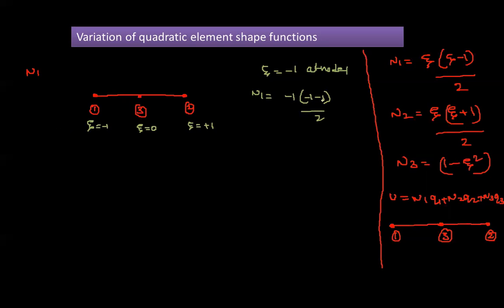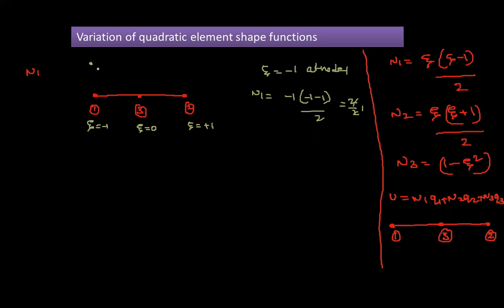Minus 1 minus 1 becomes minus 2, and minus 2 into minus 1 becomes 2. 2 by 2 gives 1. So here the magnitude would be equal to 1.